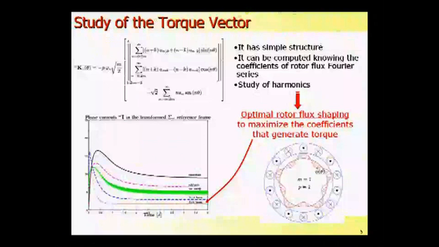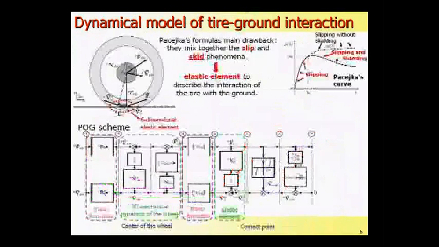For example, as we can see from the figure, we analyzed different types of rotor fluxes. The black one is a sinusoidal rotor flux, and we can see that the red dashed one is the optimal rotor flux that allows the same torque but minimum currents and thus minimum power dissipation.